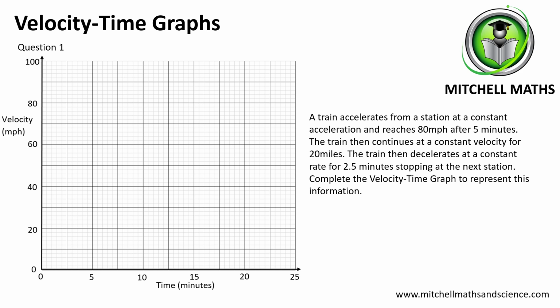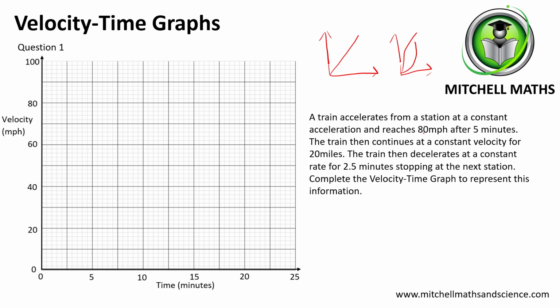Constant acceleration tells us that the graph is going to be a straight line, because in velocity time graphs a straight line represents an object that is accelerating constantly, and if it curves that means the acceleration is changing, so it could be increasing or decreasing acceleration, but a straight line means constant acceleration.